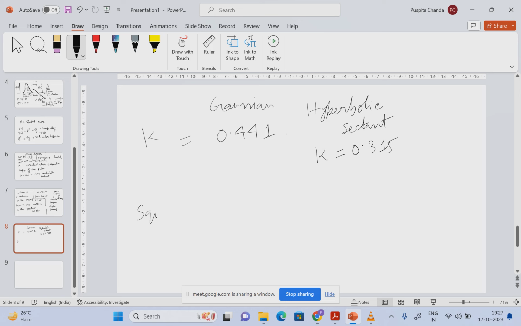For a square wave, k is equal to 0.886. The square is like this.